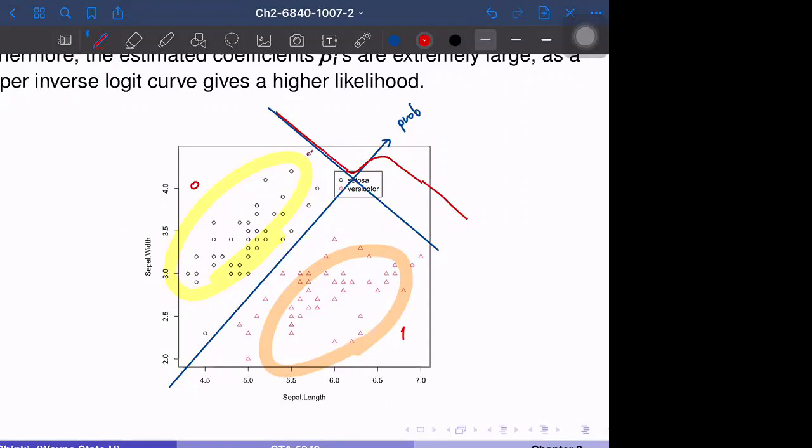Each observation corresponds to a success probability. For the yellow group, if the probability is closer to 0, the likelihood is higher. And for these red triangles, if the corresponding probability is higher, then the likelihood is higher. So this is 1 and 0.